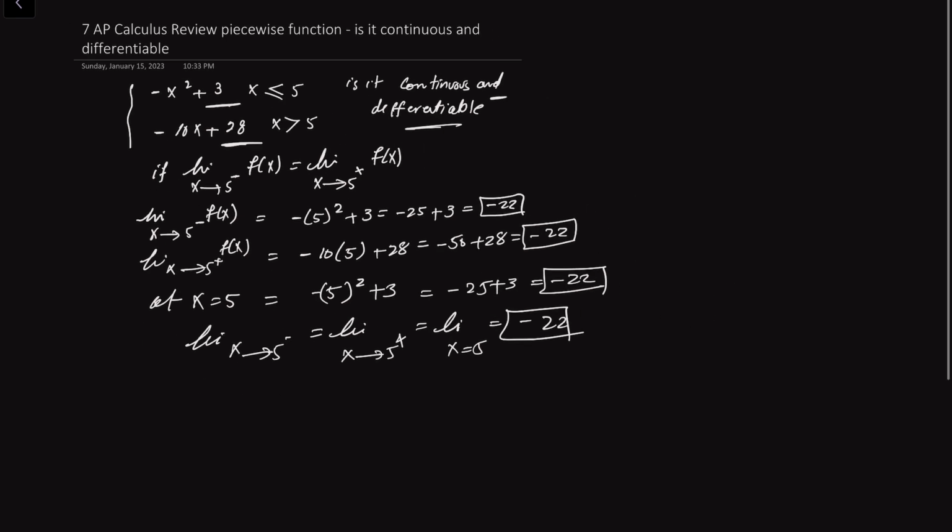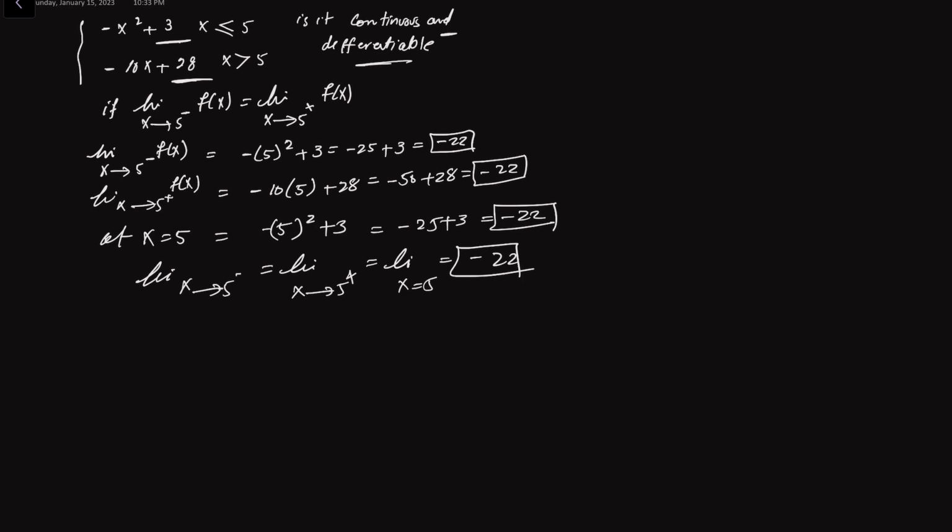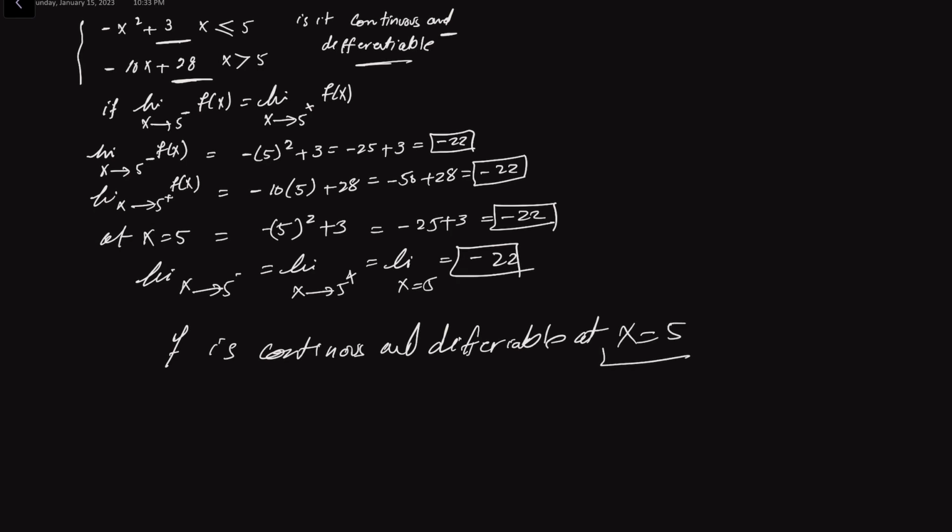That being said, the function f is continuous and differentiable at x equals 5. Okay, so that's how we know the function is continuous and differentiable.